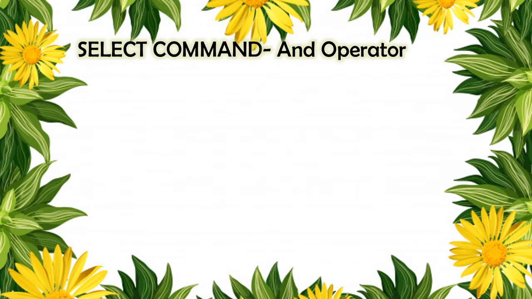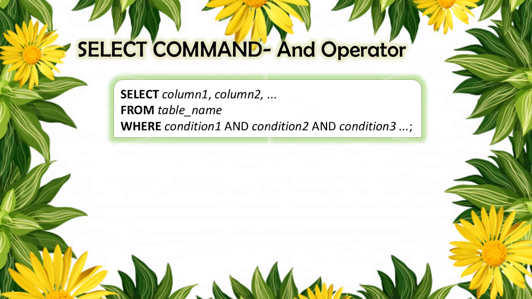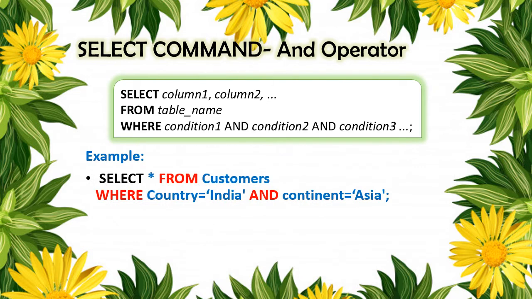Next, the and operator used in the select command. When all the given conditions are satisfied, then only those columns will be selected. Like in other programming languages, if all the conditions are true, then it returns true, and then we can select the columns.